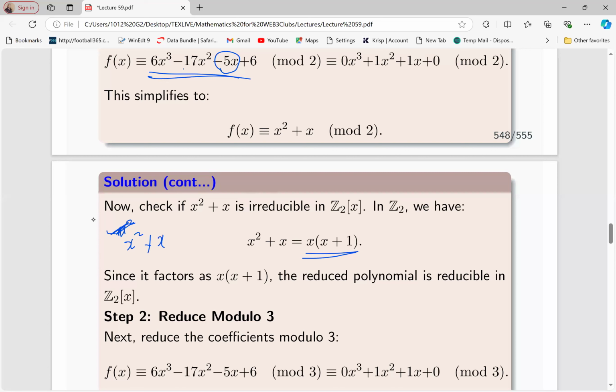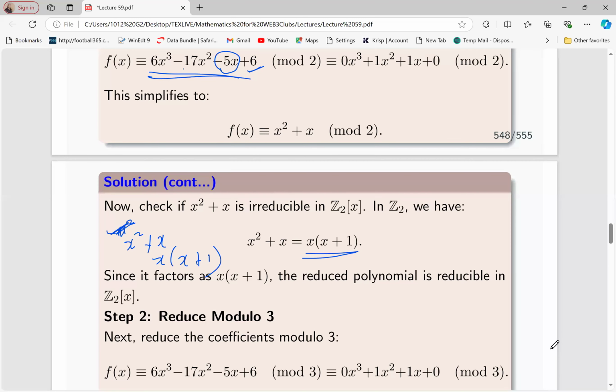It will be x, but this other one is 0. So you can see that this can be factorized, and you can write it that way. That means the new polynomial that we obtained is reducible.